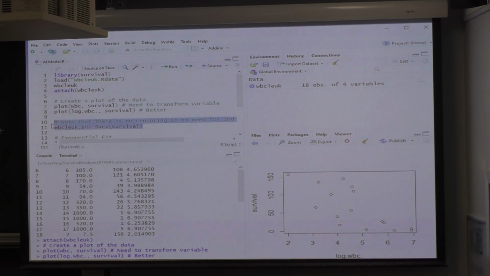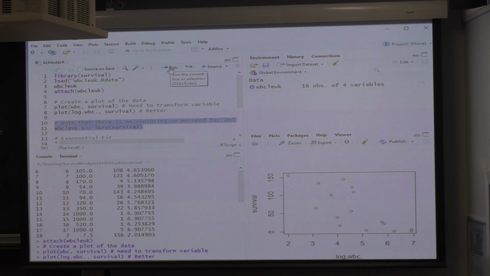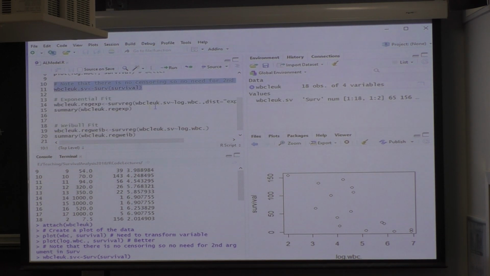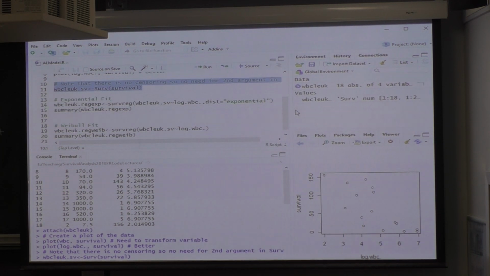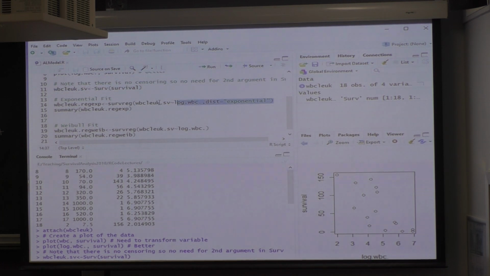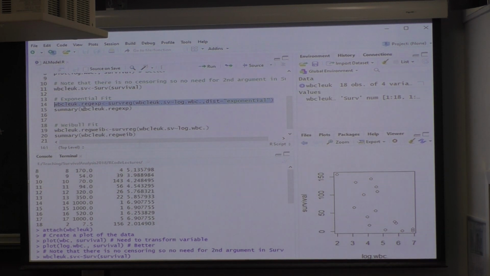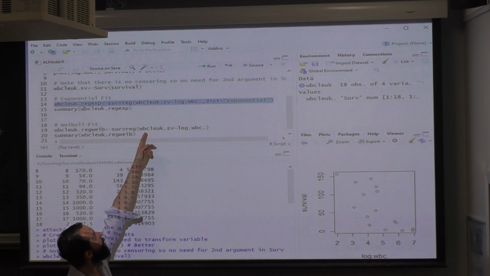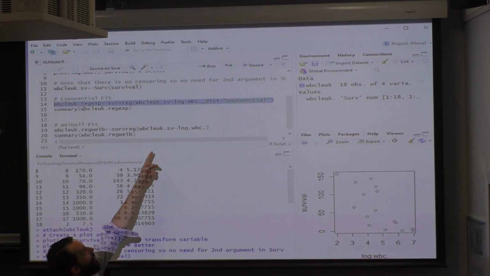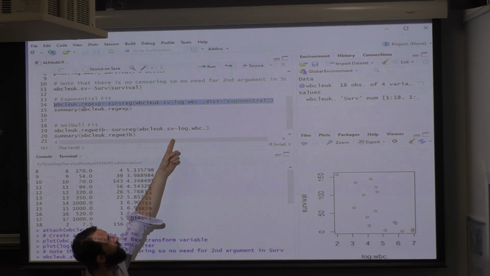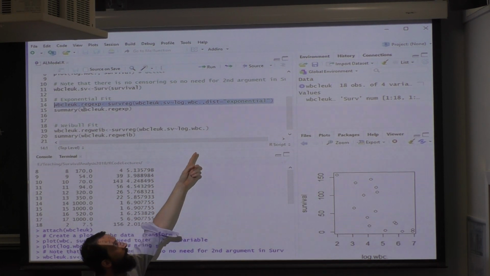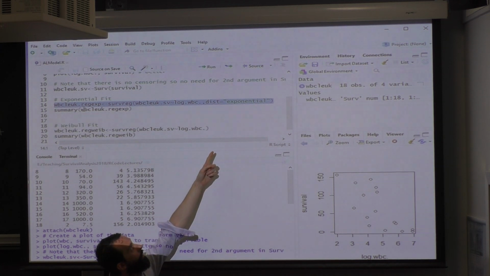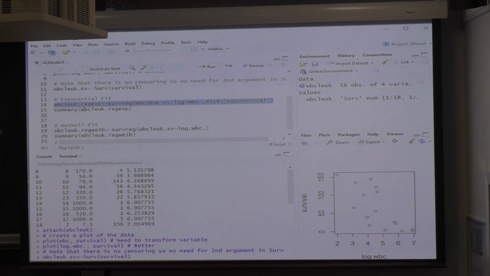So we have to create our survival object. There's no censoring here, so we don't need to worry about the second argument of the survival object. And then we're just going to fit an accelerated failure time model where we're interested in modeling the survival times, and we're going to see whether they depend upon the log white blood cell count, and we're going to choose a distribution that is exponential.